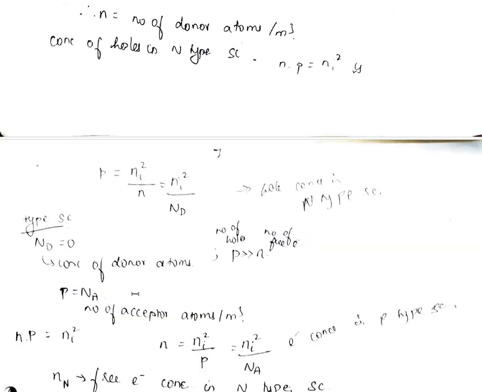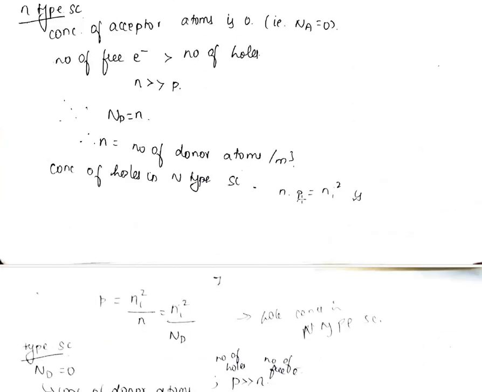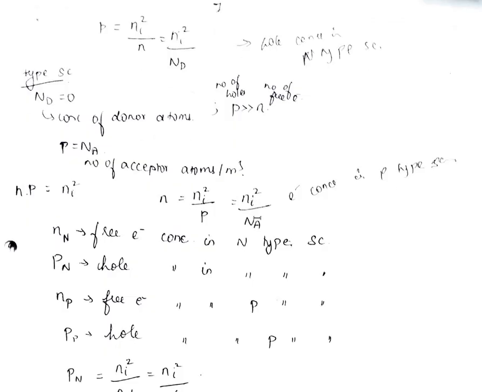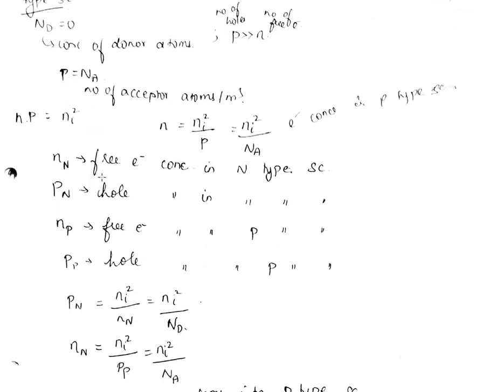And in p type semiconductor, Na equal to p. By mass action law, np equal to ni square. So p equal to ni square by n, and n is the number of free electrons, which is the number of donor atoms only. So p equal to ni square by Nd. Same way for p type, n equal to ni square by Na.